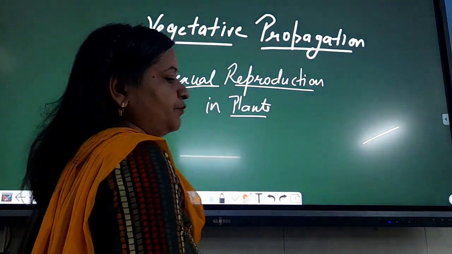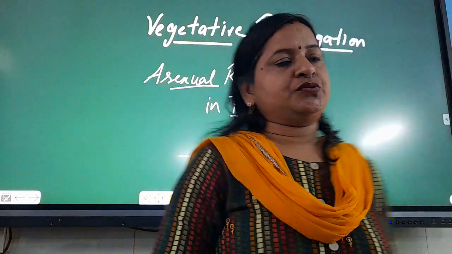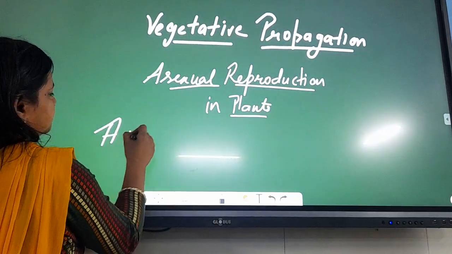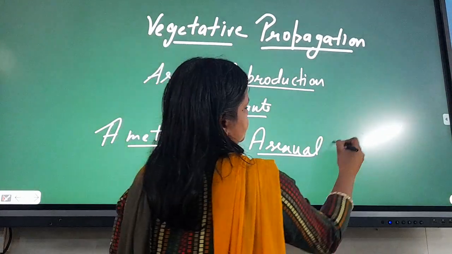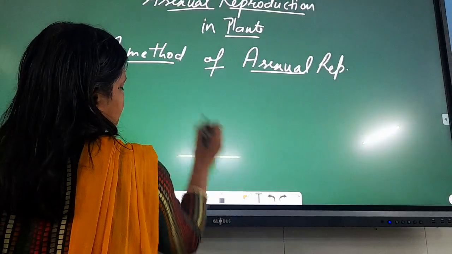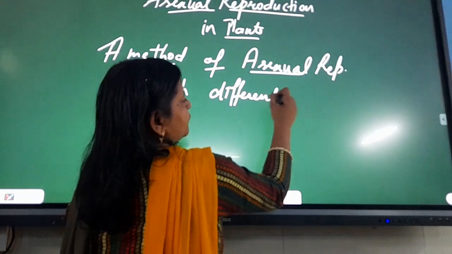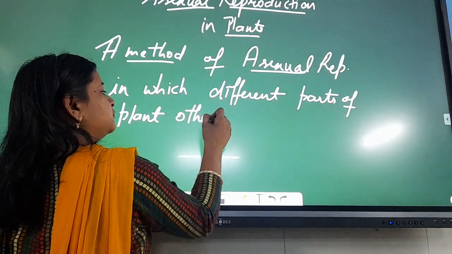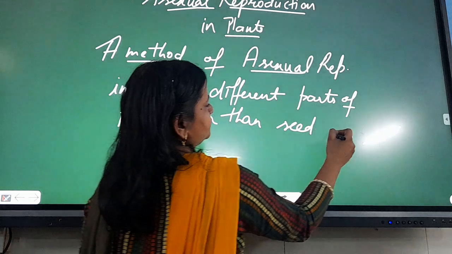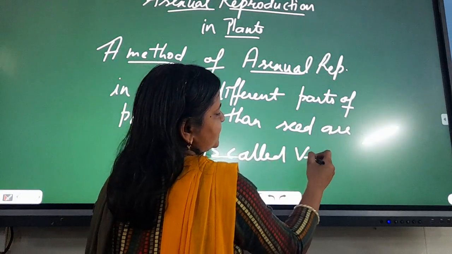Vegetative propagation in plants is a method of asexual reproduction in which parts other than seeds are used. This is called vegetative propagation.